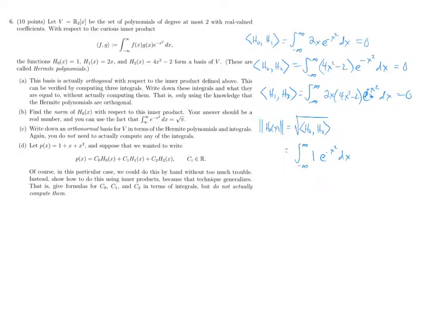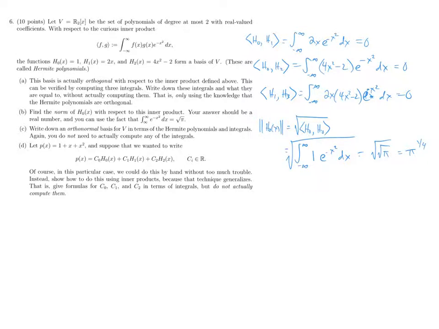And I told you that this integral is the square root of pi, so that's the square root of the square root of pi. If you left it like that, that's fine. I think most of you wrote things like pi to the 1/4 or the 4th root of pi. That's even better.